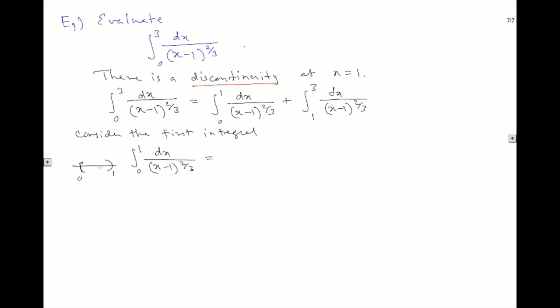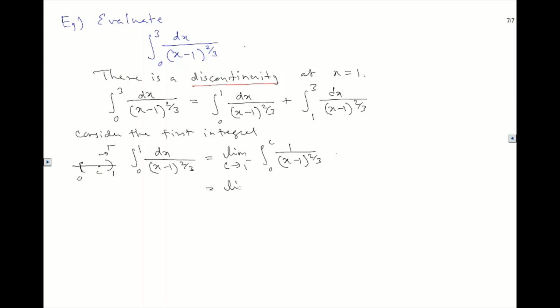So what we're going to do is pick a point c here and send that to 1 from the left. Okay, so it's a limit, c goes to 1 from the left, integral from 0 to c of 1 over (x minus 1)^(2/3). This is a very easy integral. You can bring it to the top and add.